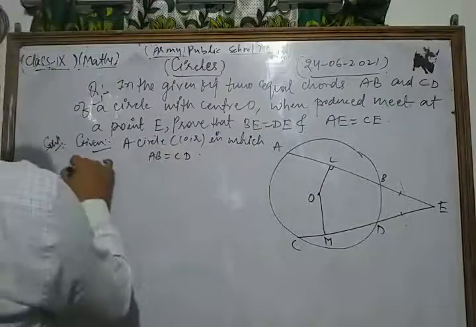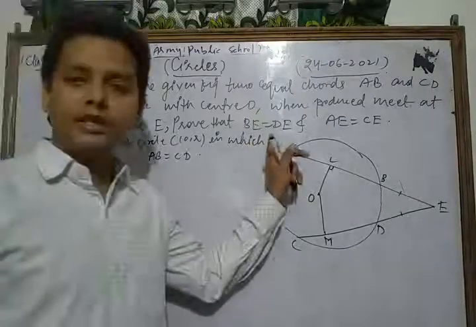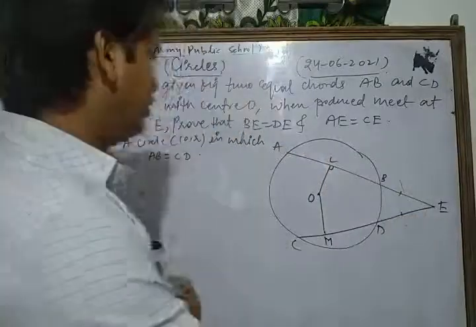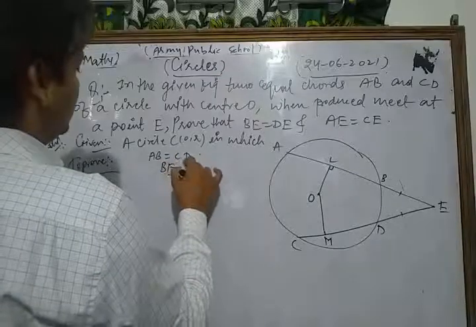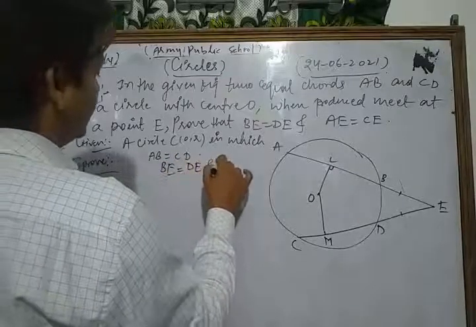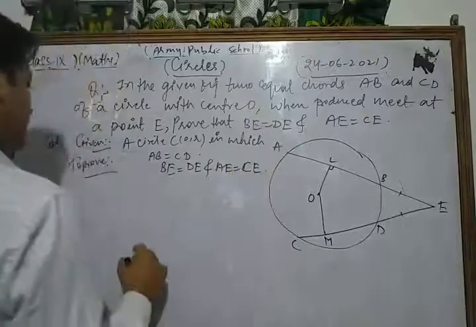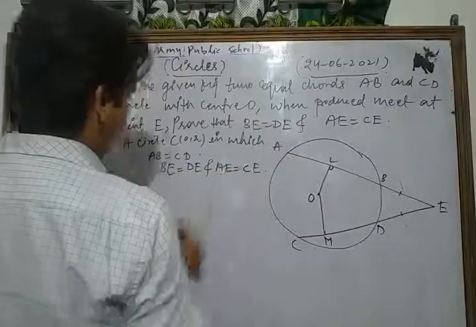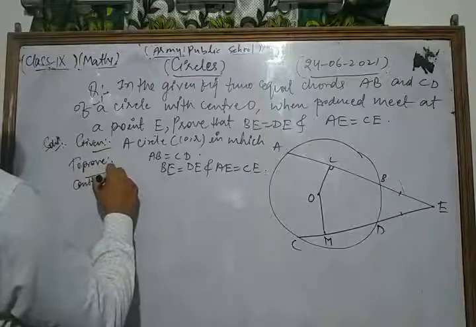Now to prove: it is very clear, we have to show that BE is equal to DE as well as AE is equal to CE.